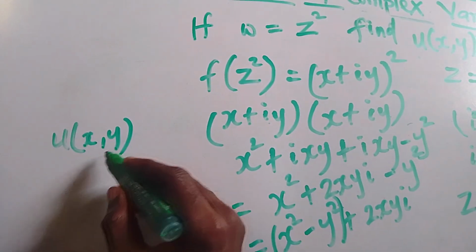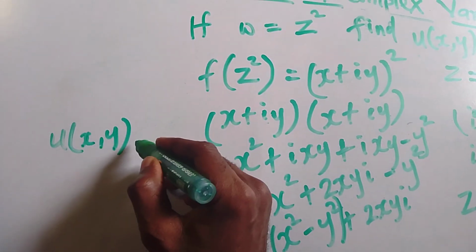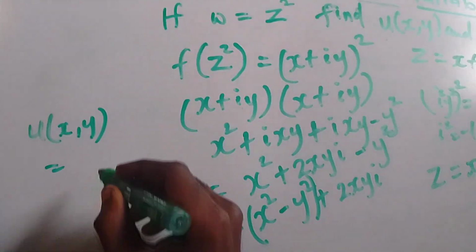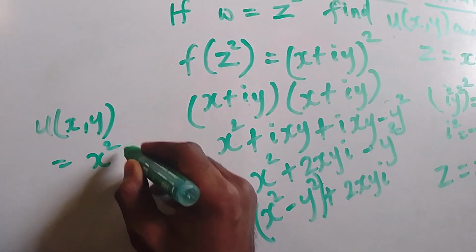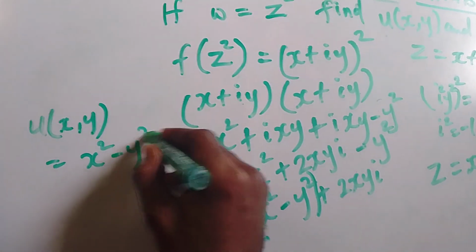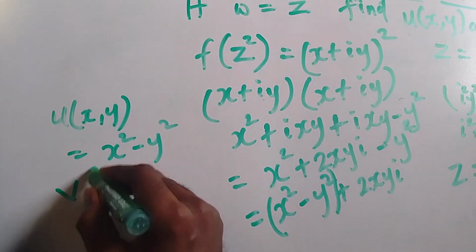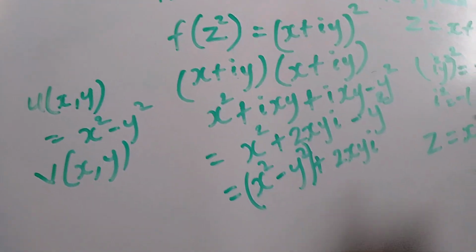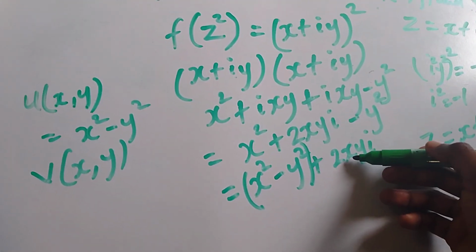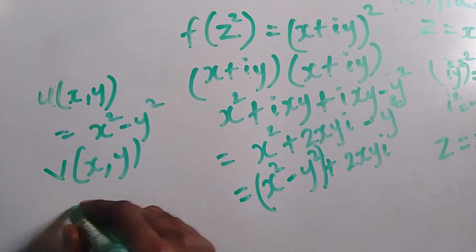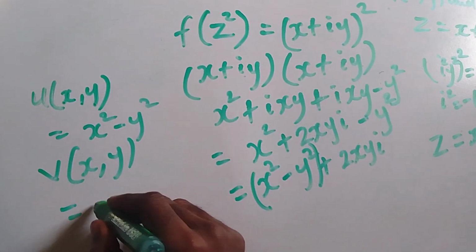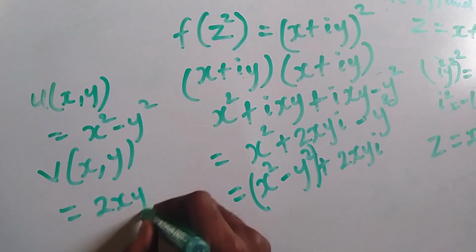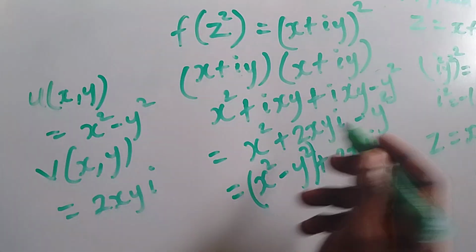So we can say that u of xy is equal to x square minus y square. Then v of xy represents the imaginary part of the complex number, which is this 2xyi. So v of xy is going to be 2xyi. So this is your answer.